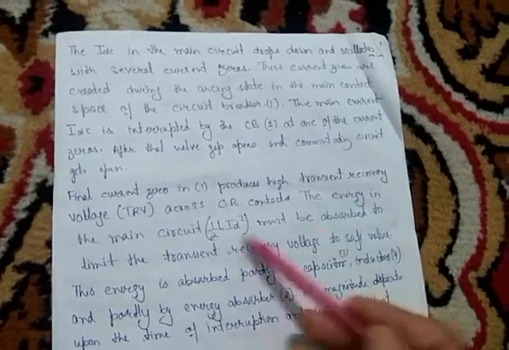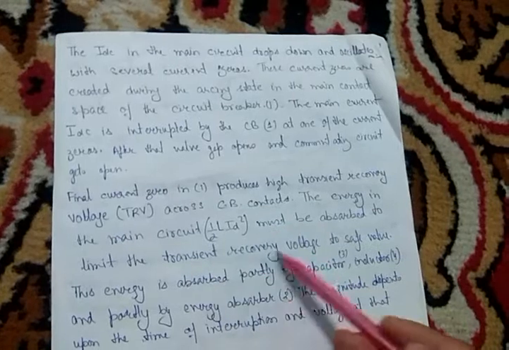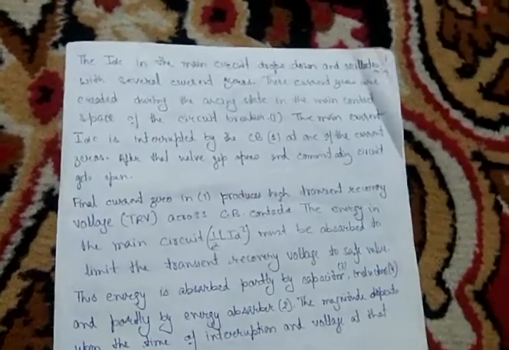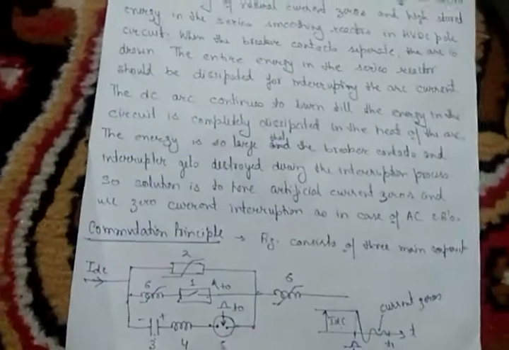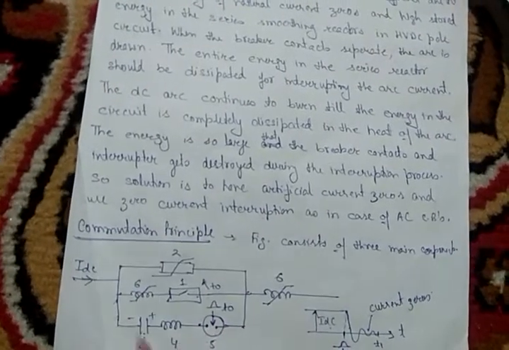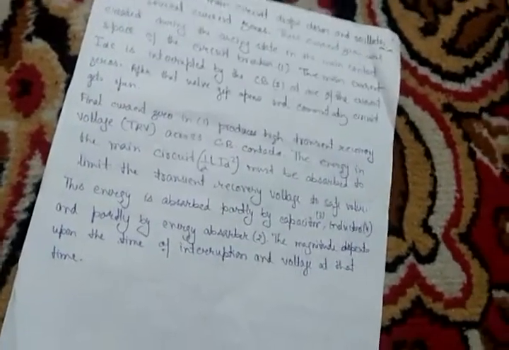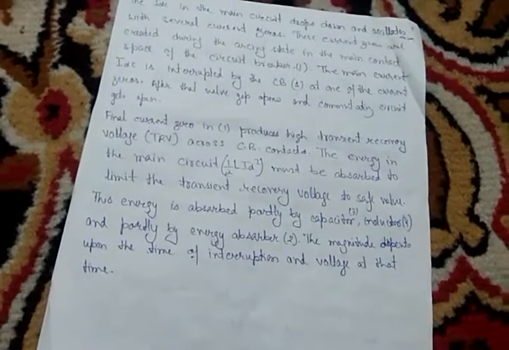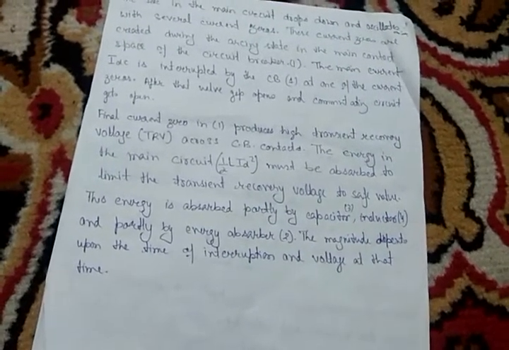This energy is absorbed partially by the capacitor and partially by the inductor, because these are the energy storing devices. The magnitude of this transient recovery voltage depends upon the time of interruption and the voltage across the system at that time.